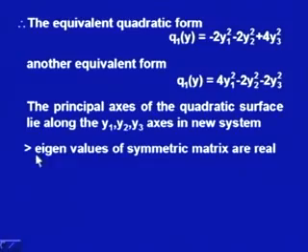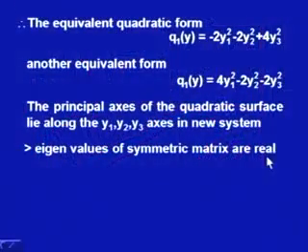Now, these are some of the results which we have obtained earlier, and these form the basis for finding Q1y. We know that eigenvalues of symmetric matrices are real, so these values are real. So, we can always transform our given quadratic into this form where all these coefficients are real, because eigenvalues are real.